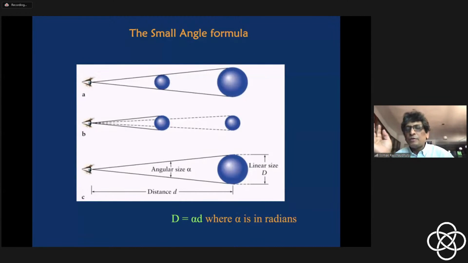Everybody knows this from school, but I wanted to reiterate that the linear size of something, or the linear separation between two things on the sky, depends on knowing the angle, which can be measured very easily. But then you also need the distance, and that distance is what I'm going to talk about later on, how to measure, and you will see it's not that easy. But if we know the angular size and we know the distance, then we can measure the linear size or the linear separation of two things.